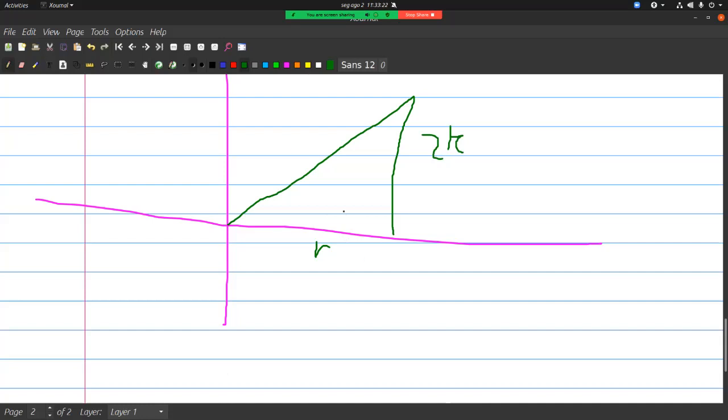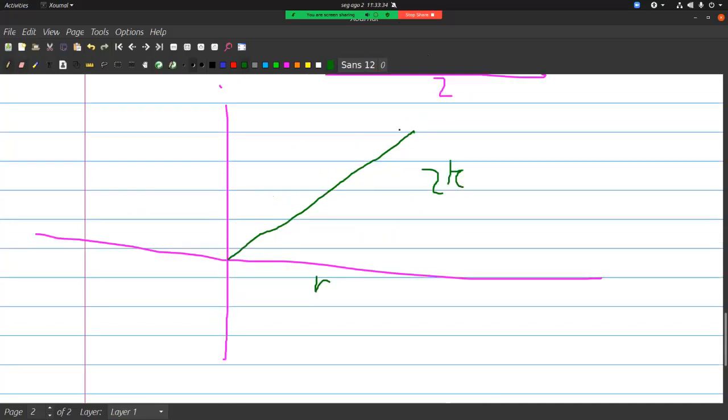And we know that this is going to be a line, and we could make a triangle over here, and we want to know this area.